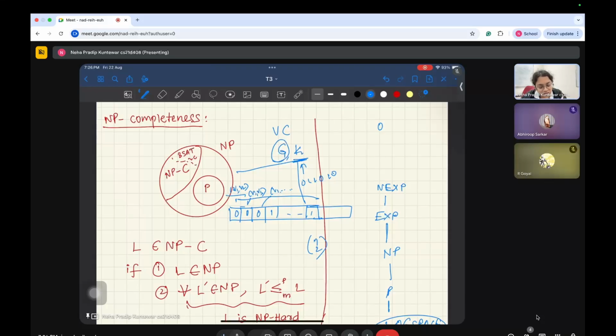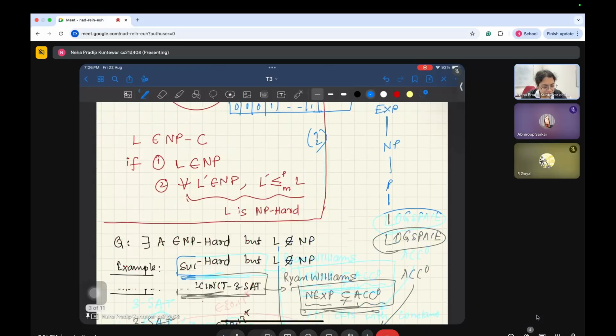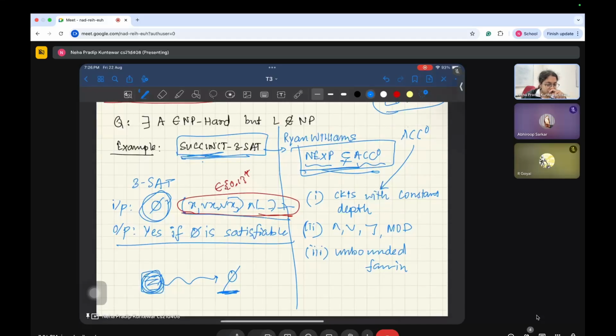Okay, so similarly, if I give you a formula phi, all I have to do is encode it into a Boolean string. Can you think of one way to do that? If a Boolean formula is given to me, I'll proceed like this. Say x1 would be represented position-wise, and if it is 0, then x1 is in the normal form. But then how would I represent operators like XOR or NOT?